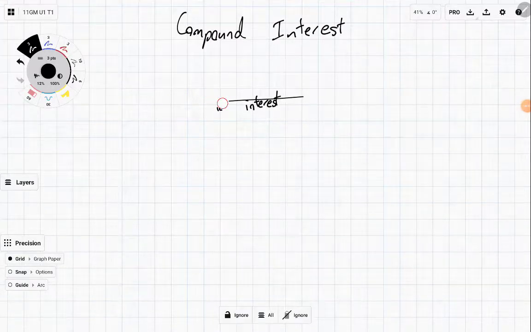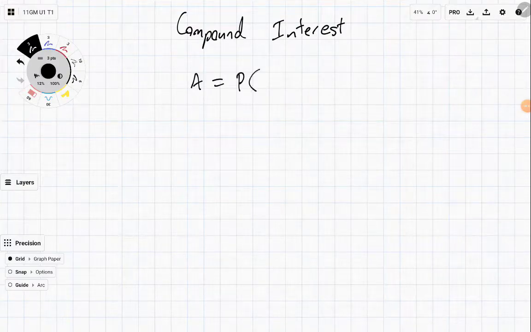And it has a formula, just like simple interest, and it uses almost all the same variables that we've already learnt about.